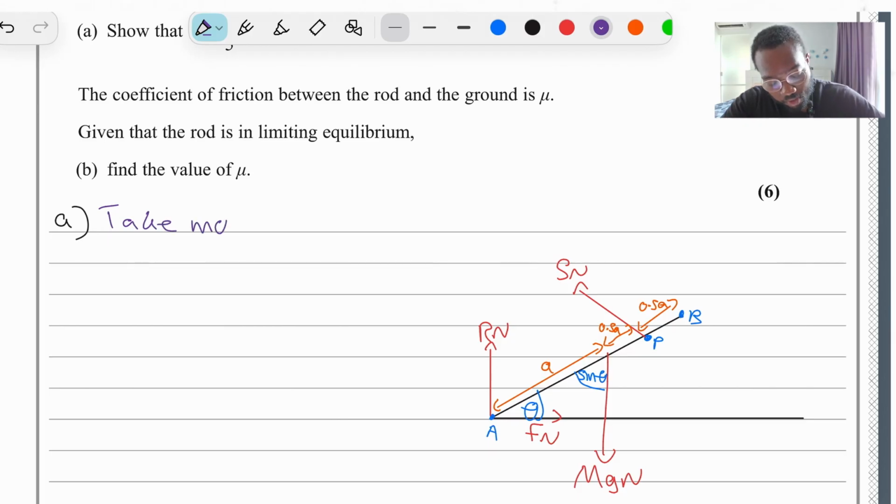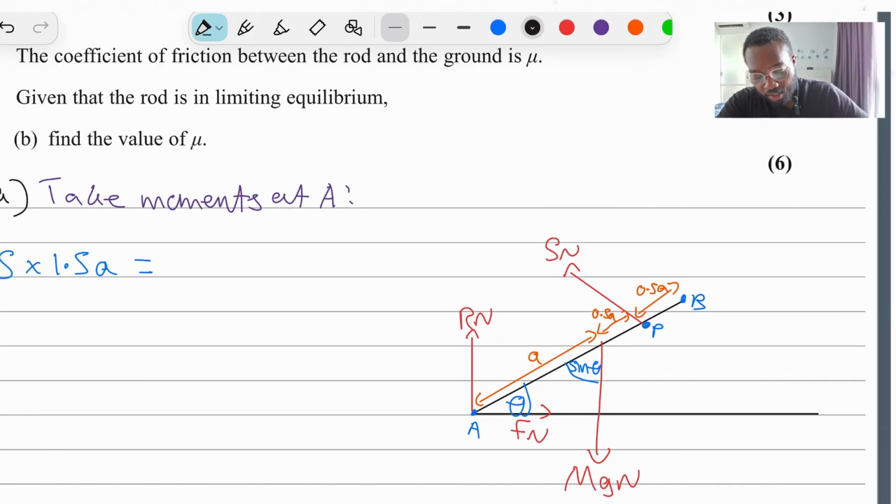So if we take moments about A, what would that look like? Well, let's start with the S newtons, the anticlockwise moment. That peg at P, mind my drawing, that normal reaction at P is already perpendicular to the rod, so it would simply be S times the distance, in this case 1.5a, and that would equal the weight.